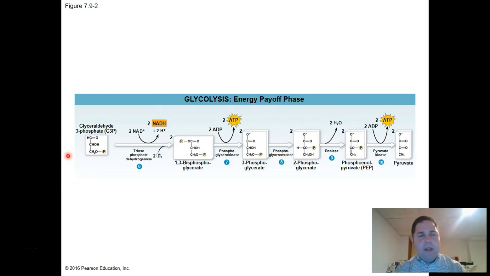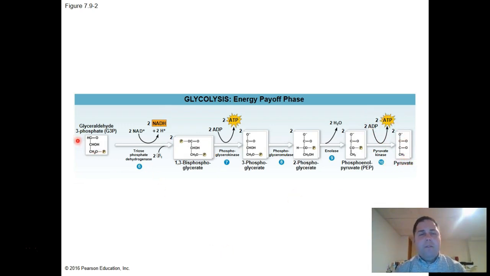So in the energy payoff phase, that G3P is first going to get oxidized. You can tell it's getting oxidized because we're creating an NADH. It's going to then have a phosphate pulled off to do some substrate level phosphorylation. That's going to go through some more rearrangement, have another phosphate pulled off for more substrate level phosphorylation, and ultimately end with pyruvate.